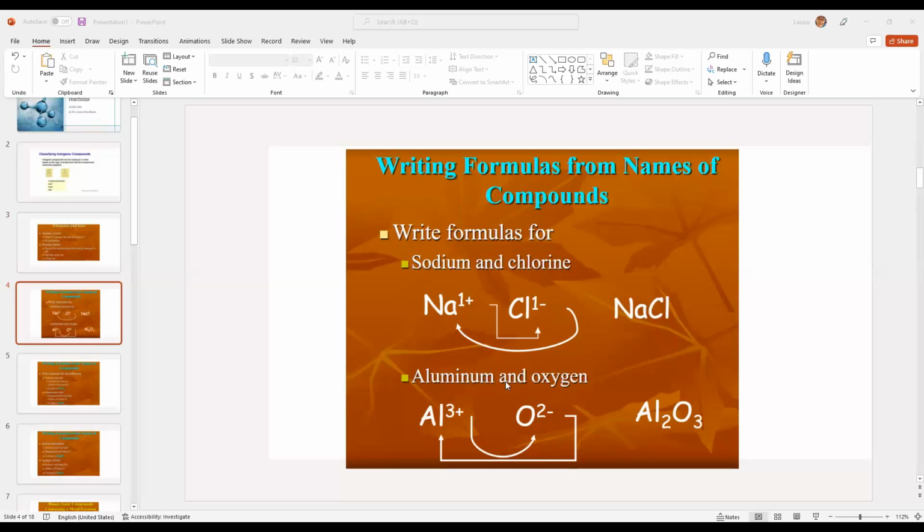In the case of aluminum and oxygen, aluminum is in group 3A, so it usually loses 3 electrons and gets a positive 3 charge. This is a cation. Oxygen is in group 6A, so it needs 2 electrons to get the octet rule, or complete 8 electrons in the outer shell.